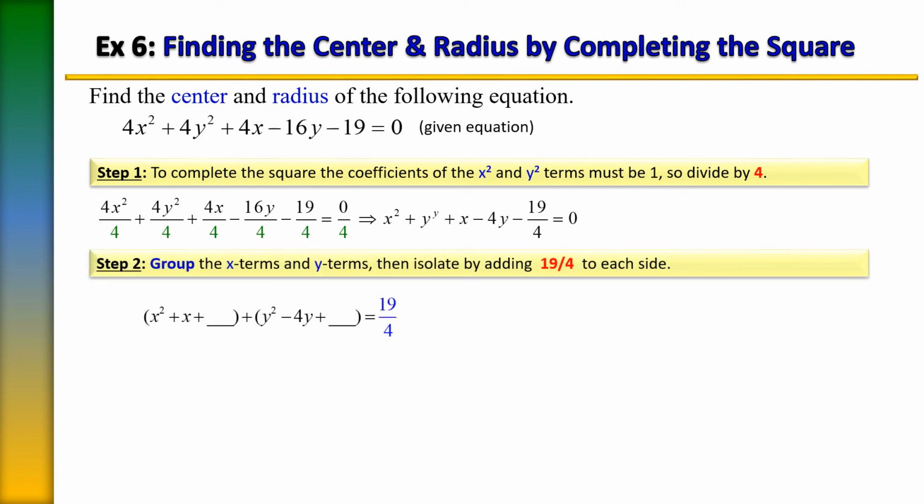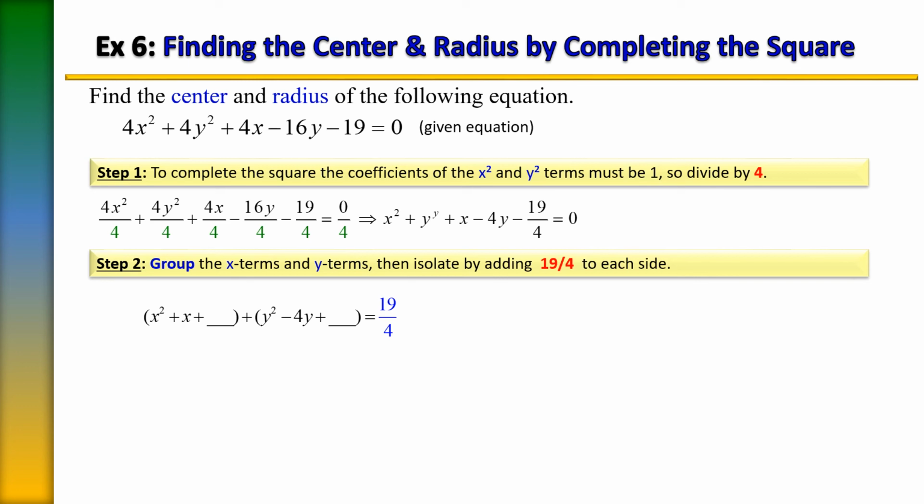Now we're going to complete the square with our x's. Half of 1 is a half, and 1/2 squared is 1/4. Half of 4 is 2, and 2 squared is 4.